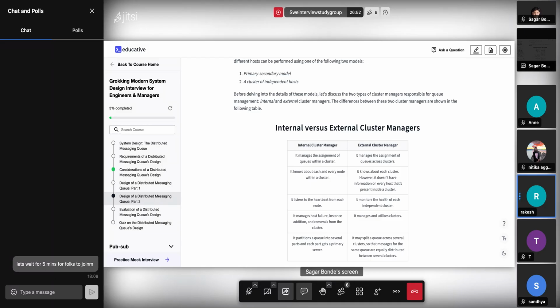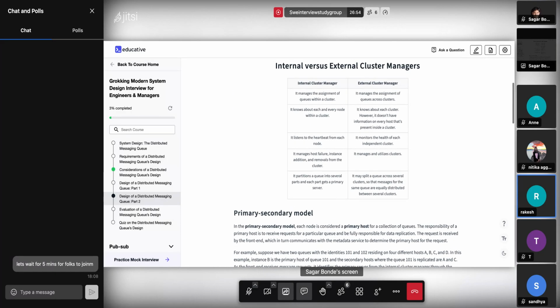The internal cluster manager manages the assignment of queues within a cluster, and the external cluster manager manages the assignment of queues across clusters. The internal cluster manager knows about each and every node within a cluster.